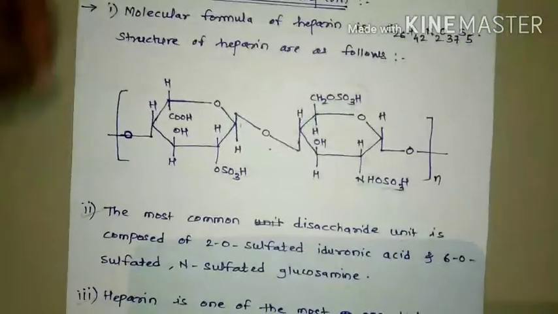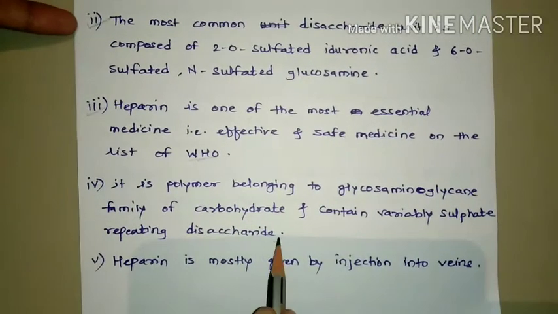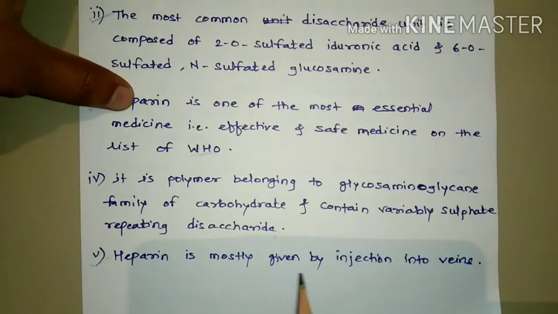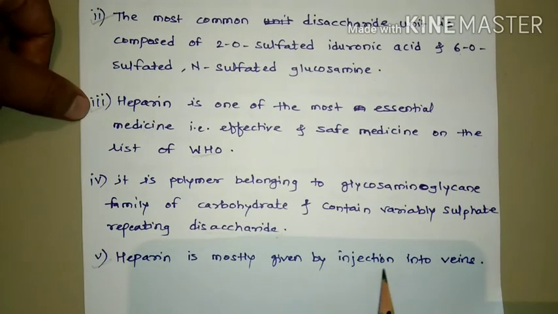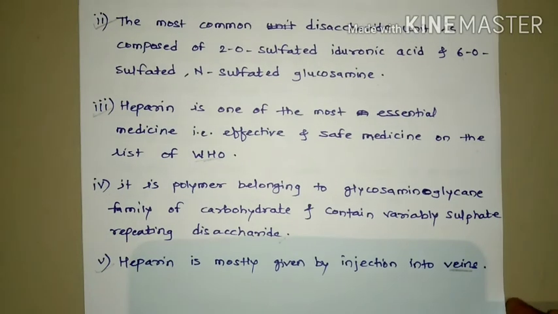That means it contains variably sulfated repeating disaccharide molecules. Fifth one: heparin is mostly given by injection into veins. In our veins, heparin is injected in liquid form.